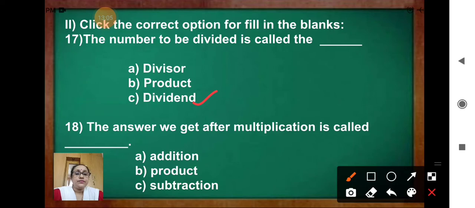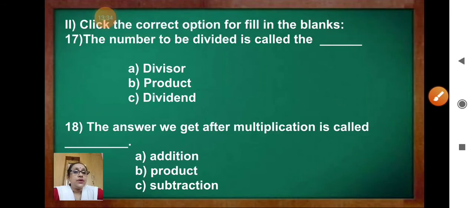Yes? Question 18. The answer we get after multiplication is called addition, product, subtraction. What is it called? Product. Are you writing, children, in your notebook the correct answers? Yes?